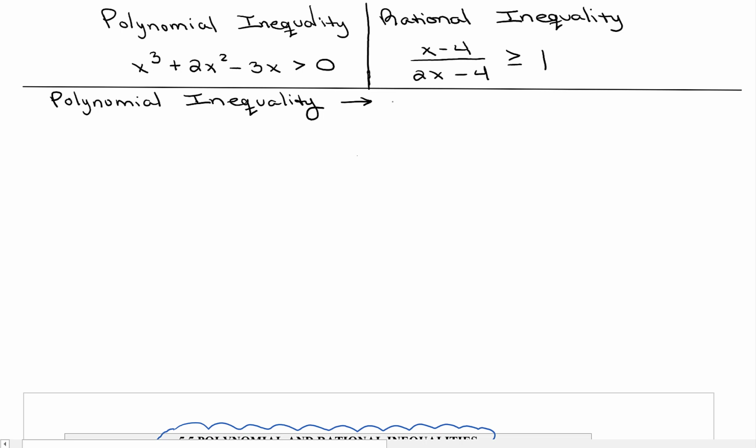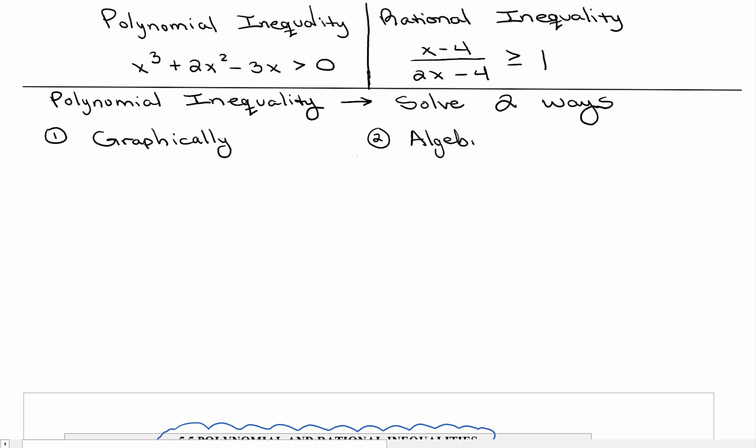As for polynomial inequalities, we're going to be learning to solve these two different ways. Actually, these two different ways apply both to rational inequalities and polynomial inequalities. One method is solving these graphically, and the second method is algebraically. So it's like we're using a graphing method and an algebraic method.